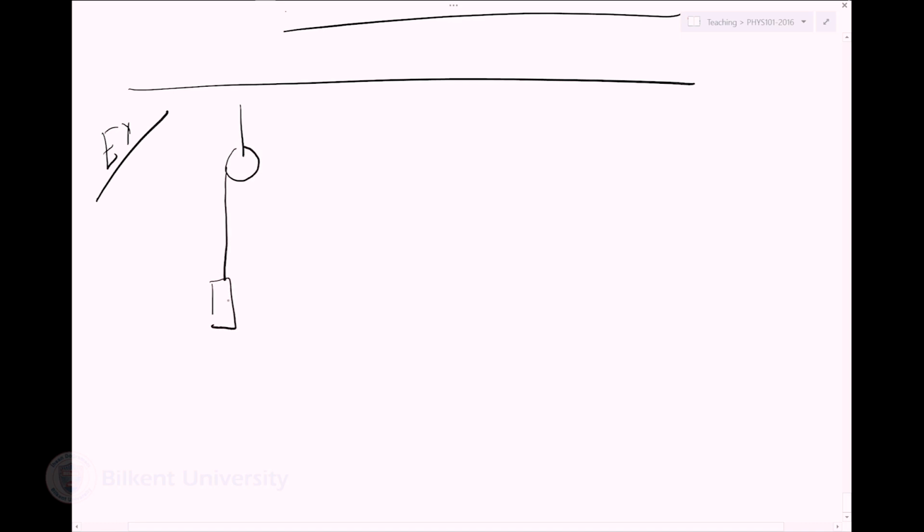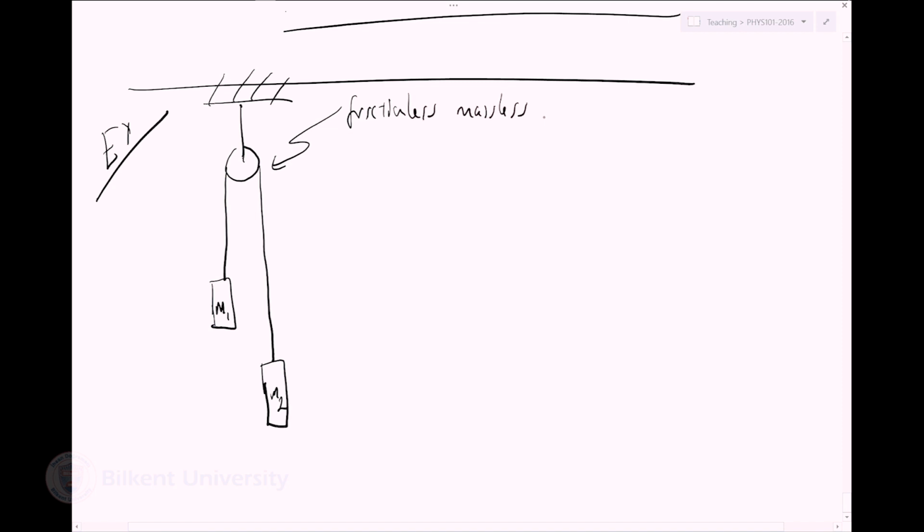If I have a pulley with mass m1 and m2, which is tied to some fixed place to the ceiling, and let's say that's a frictionless, massless pulley, and again, this is a massless, inextendable string.